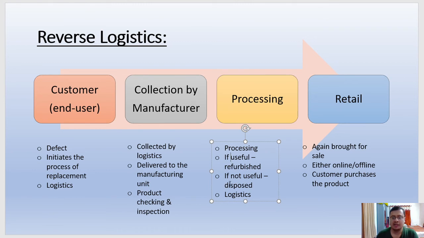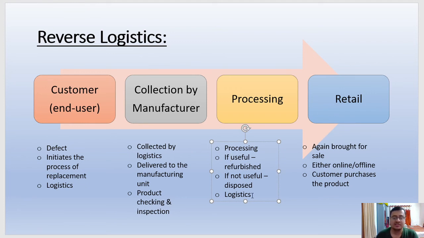Yes, but if it is useful, then it is again remanufactured, and it is then given to the logistics service providers. Now the logistics service providers will again give that product to the retailers, or you can say the e-commerce websites, where the product is again published for sale, right?